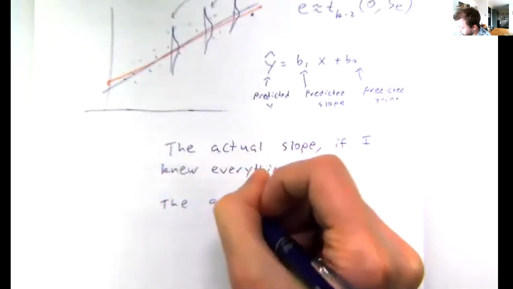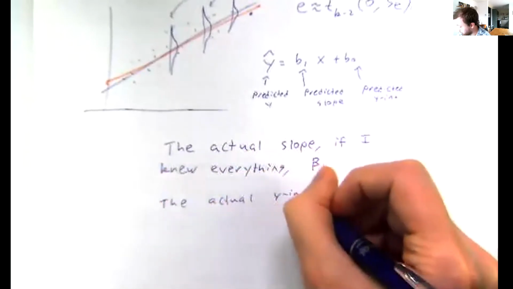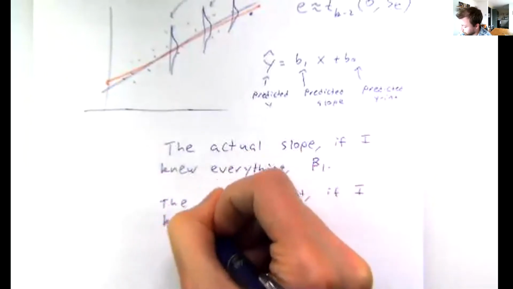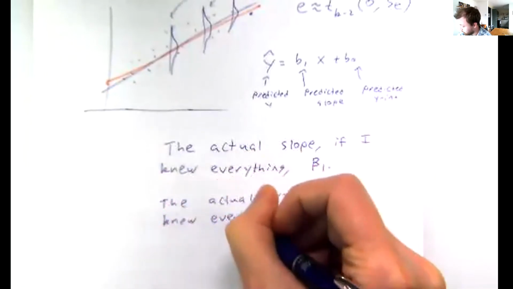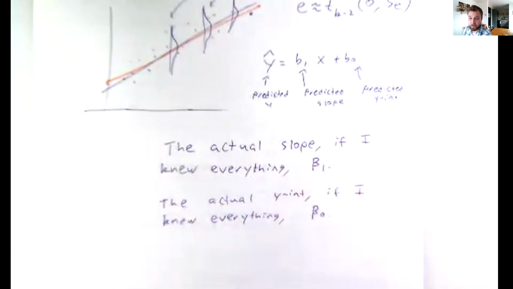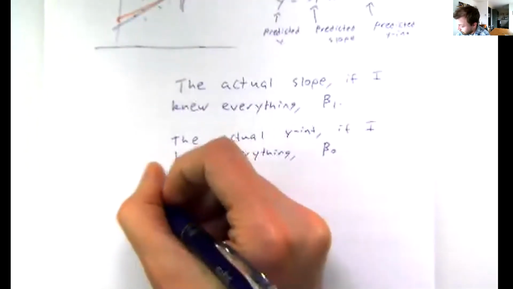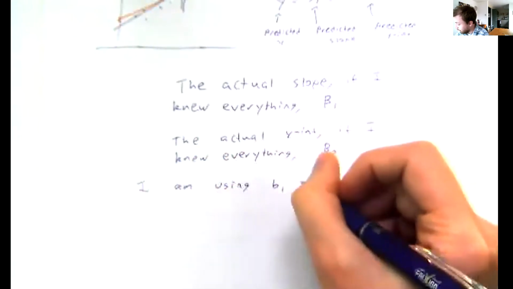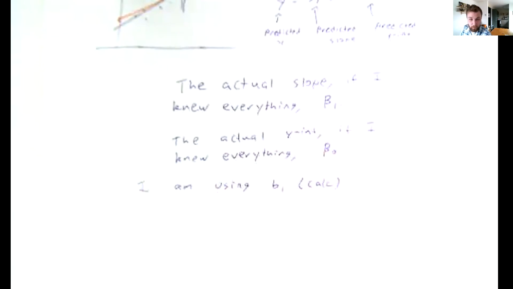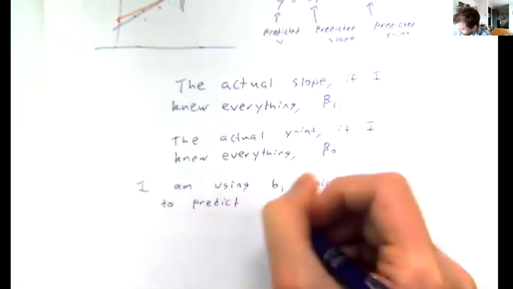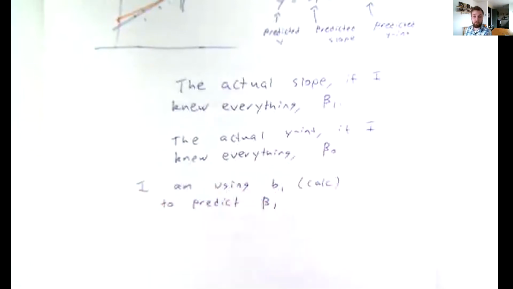And the actual y-intercept, if I knew everything about the problem, I'm calling beta 0. So I am using this b1 that I got from a calculator, my slope, to predict what's going on with beta 1.